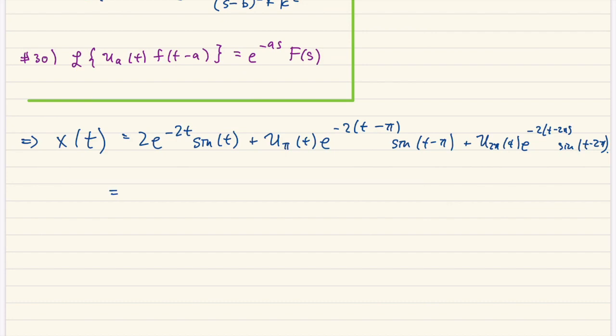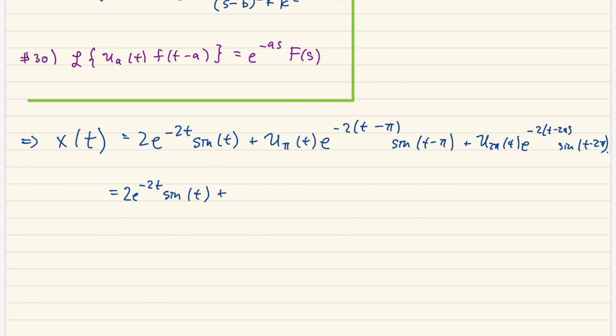But one of the things you can do to simplify, if you're into simplifying, is this first part we're stuck with: e to the negative 2t sine of t. For the middle two terms, you can use some trigonometry, and sine of t minus pi is minus sine of t.